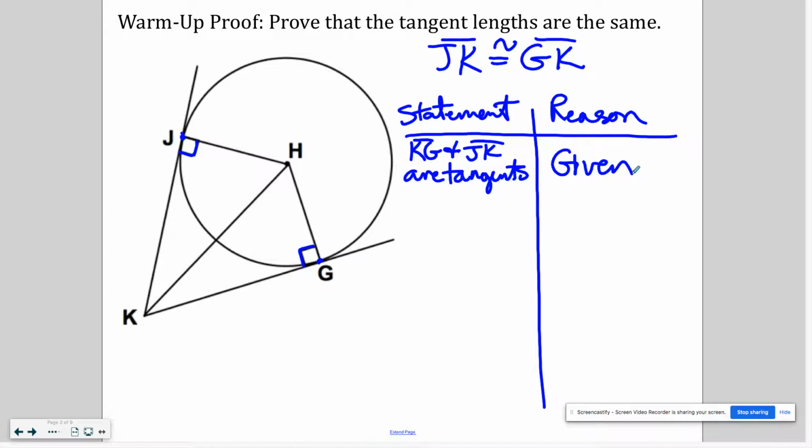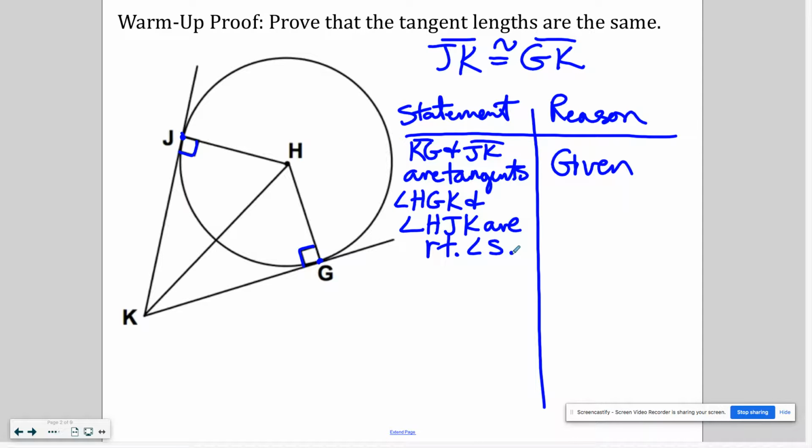So that's given. And that fact tells us that angle HGK and angle HJK are right angles.